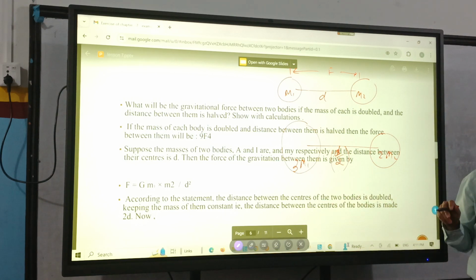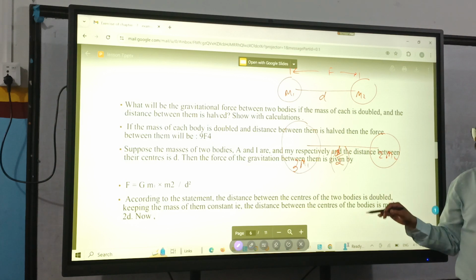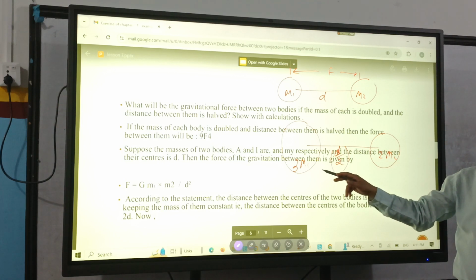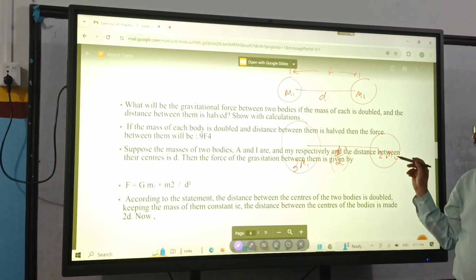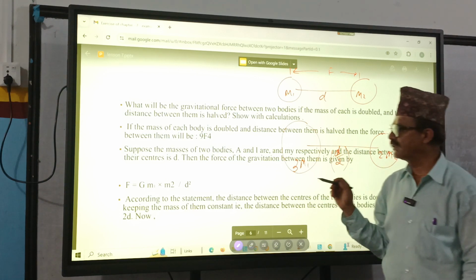Children, listen. This is the condition. What will be the change in force of gravitation when one body's mass is tripled, another body's mass is doubled, and the distance between them is halved? At that time, what to write?